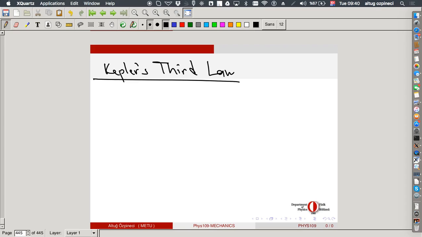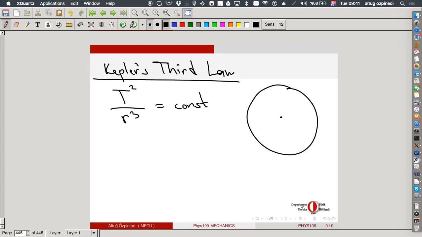Let's look at the circular orbit and try to calculate what the force is. Now we know that the period squared over r cubed is just constant. This is what Kepler told us. Now an object, let's say this is the sun, is going around the circular orbit.